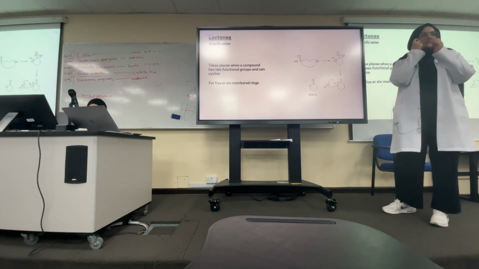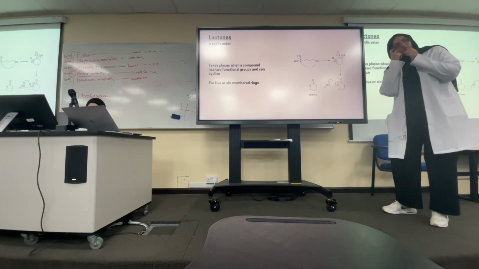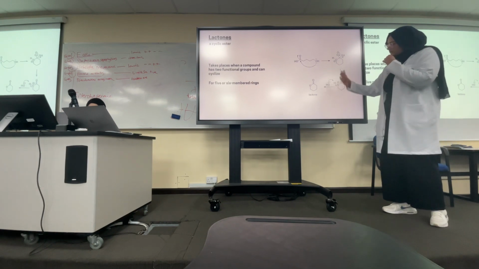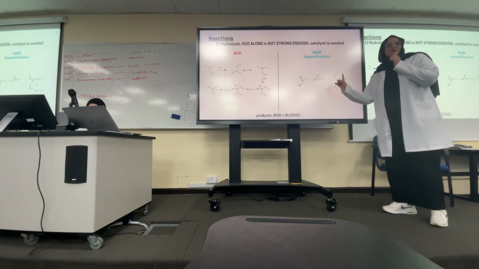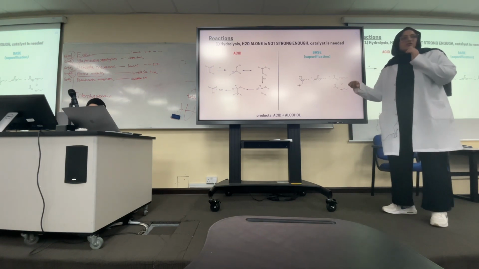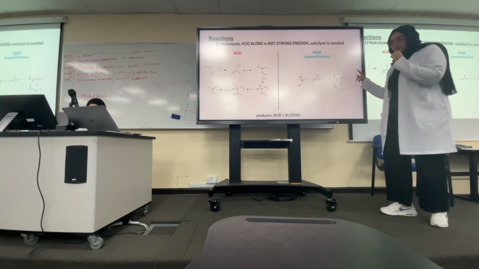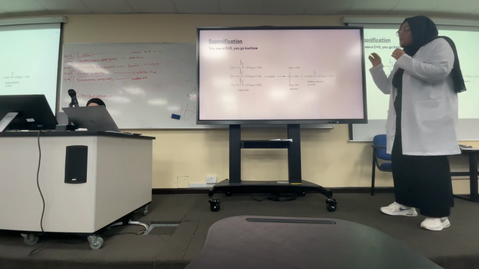When we have a basic catalyst, didn't we say we add acid at the end? So the acid will then come and give its H to my carboxylic acid. But you just need to know that the alcohol here will attack. He didn't go into details on this for us.